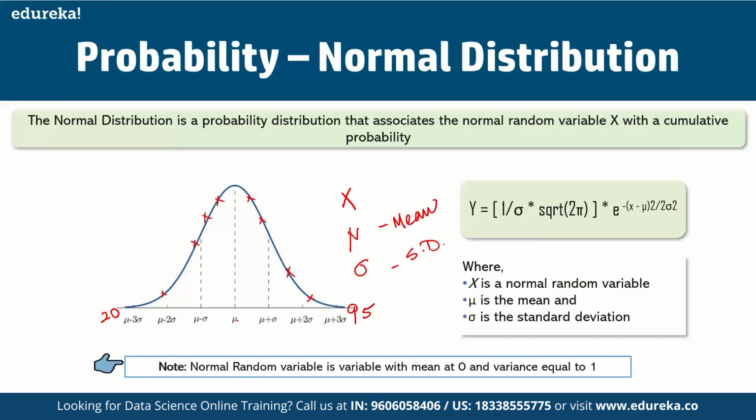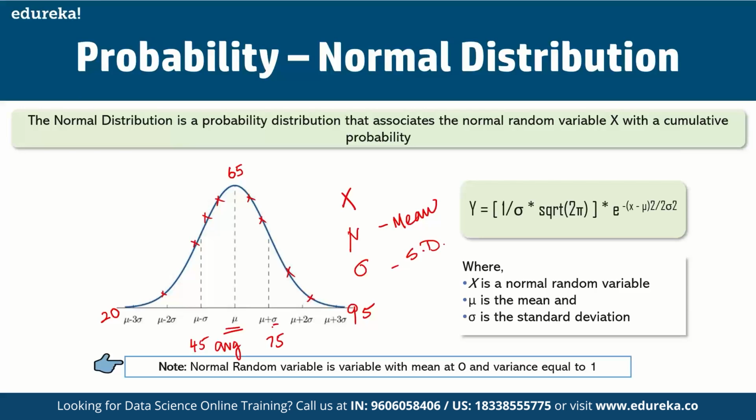Now this is our mu, your average mark. For example, let's say the average mark is 65. There are students in the range of, let's say, 45 to 75.